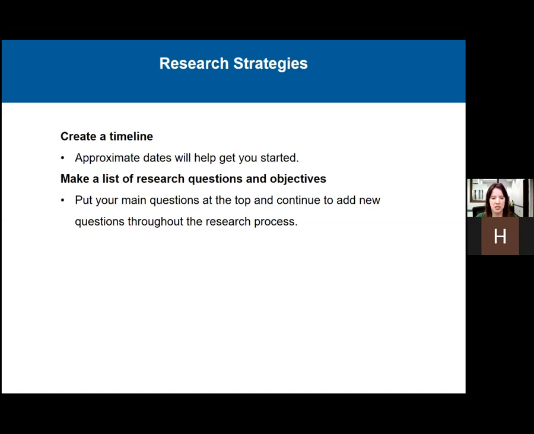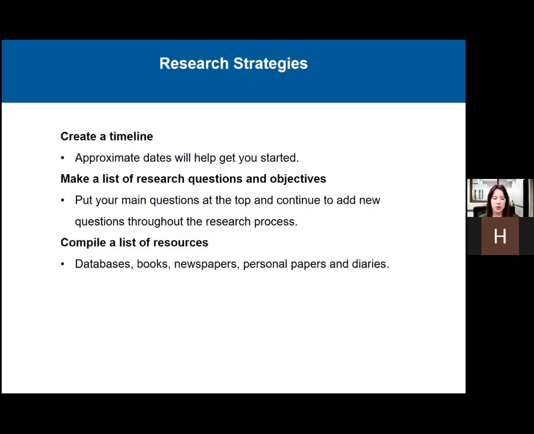Does that make a difference with what record sets you use? Also make a list of research questions and objectives that you have. If you put your main questions at the top and continue to add new questions throughout the research process, this can help you organize your research, but also help you remember to check other things as you encounter new questions throughout the research process, which will happen.